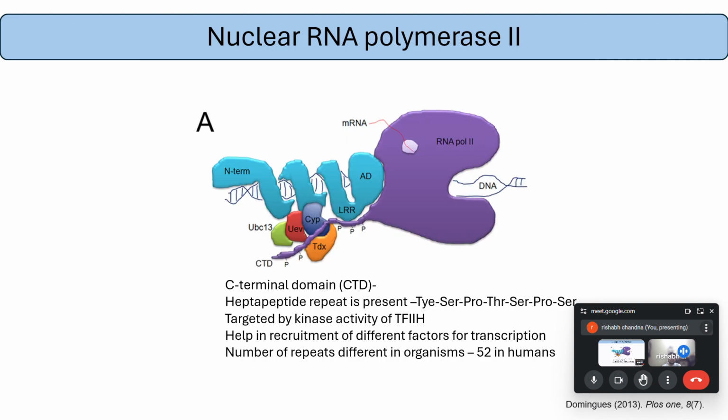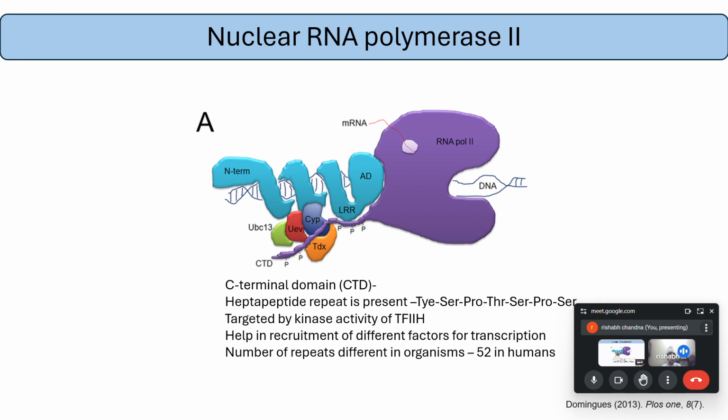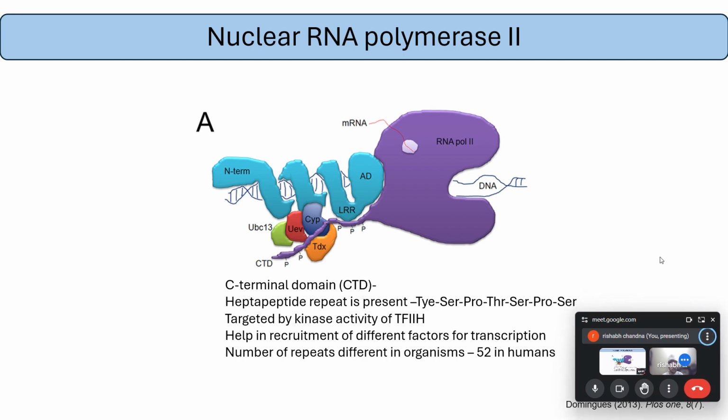Okay, so moving on to the main RNA polymerase, that is RNA polymerase 2, because it is well studied and there is a peculiar structure present in this particular RNA polymerase that makes it interesting to know. So this is the structure.